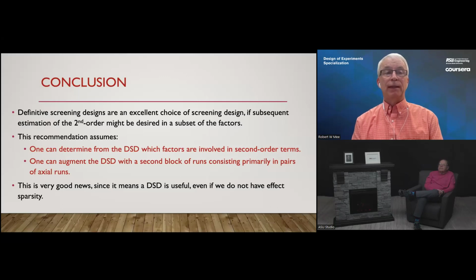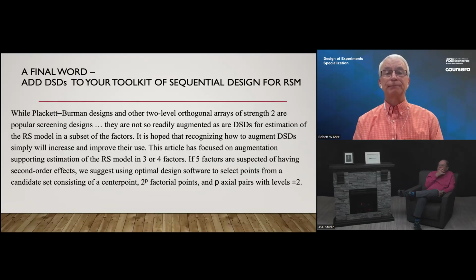So the idea here is that the DSD is going to suggest which factors need second order terms, and that we can properly identify those. That's an assumption in what I just showed. But I do believe this will expand the usefulness of DSDs, even if we don't have effect sparsity.